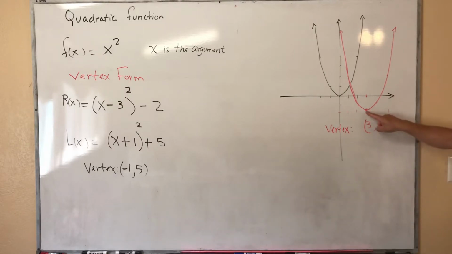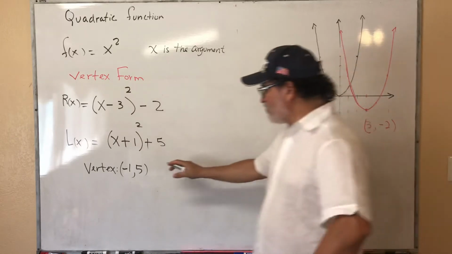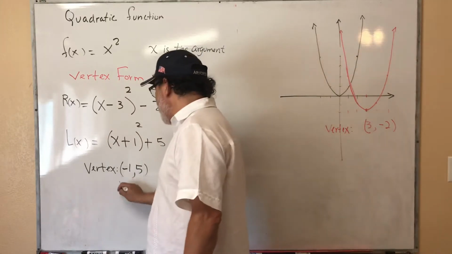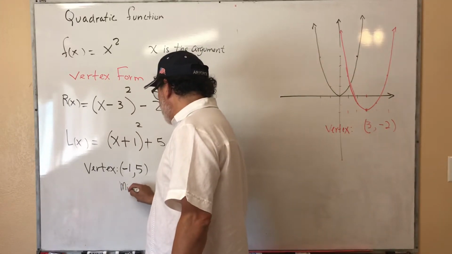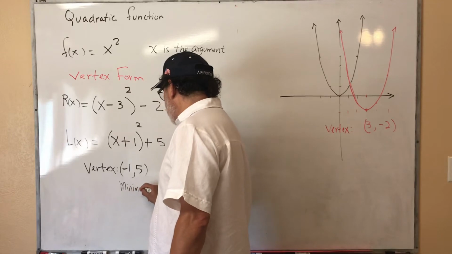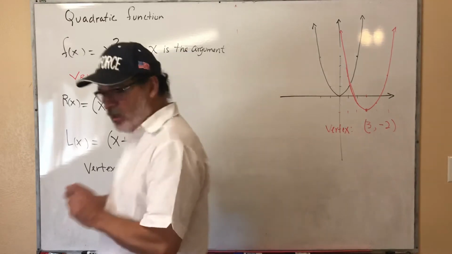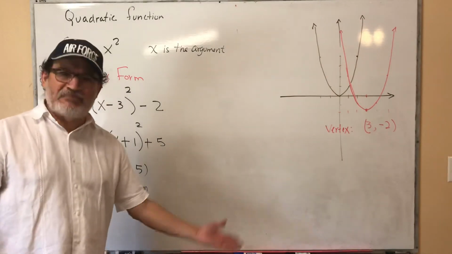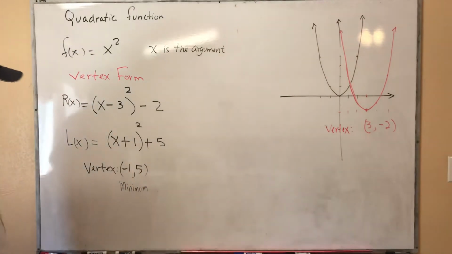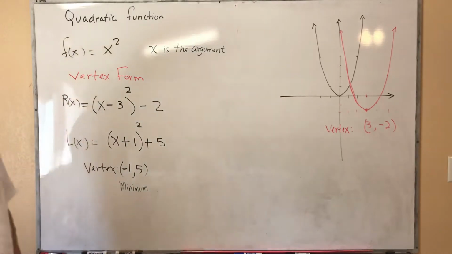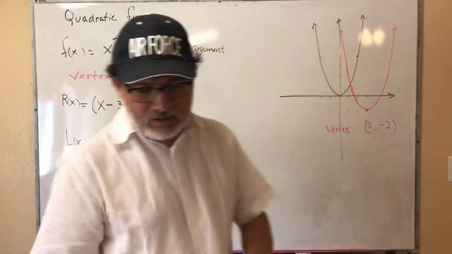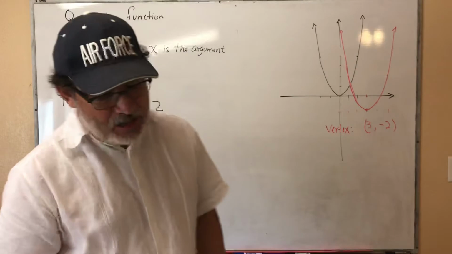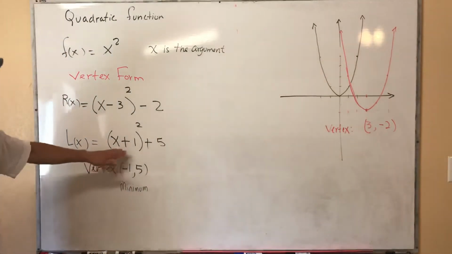Look, that's a minimum. If it opens down, the vertex is the maximum. Okay? Very good. Now, this is in vertex form, right here.